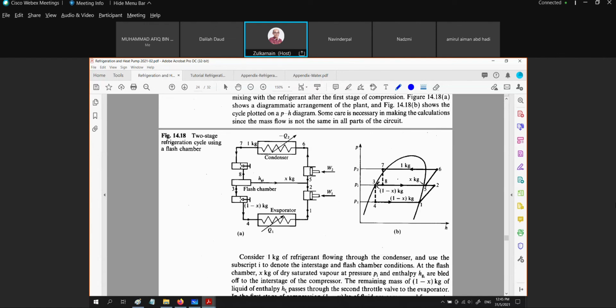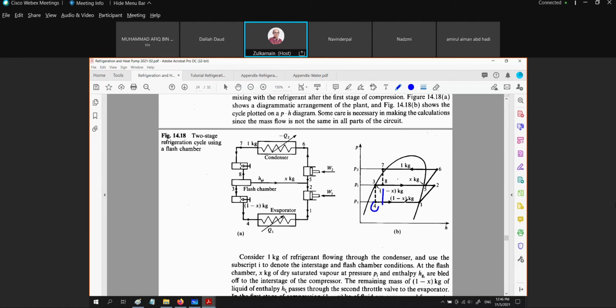Then we are going to expand in the throttle valve, and point 4 is brought to the left. So compare this enthalpy and this enthalpy, we are going to have an increment of Q41, right? So the Q41 is increased with the same amount of work input to the system.